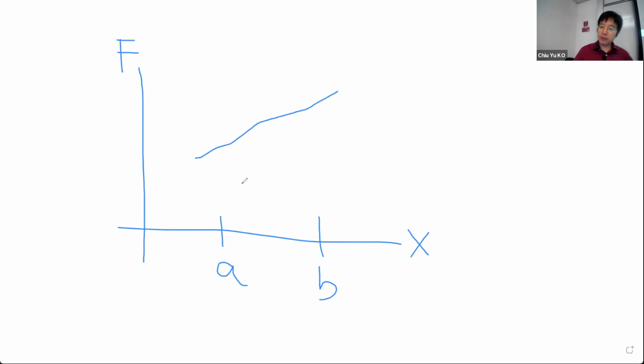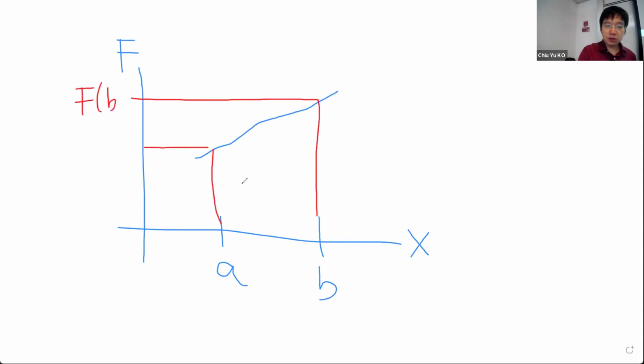Because the probability of less than A, less than B, must go up. So this is F of B, this is F of A, and the difference is given by the probability between A and B. Is there any way to make it easier to understand?